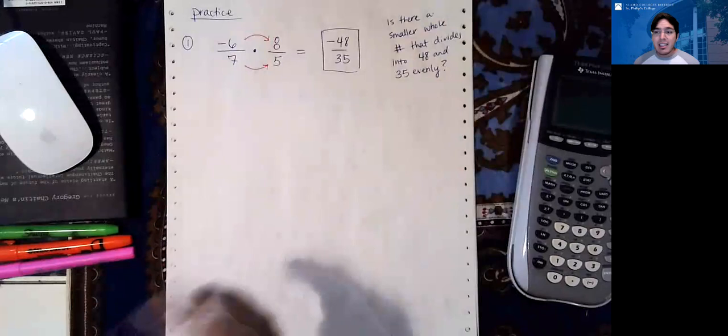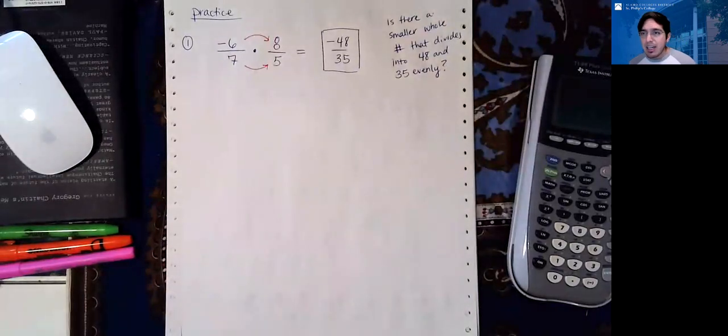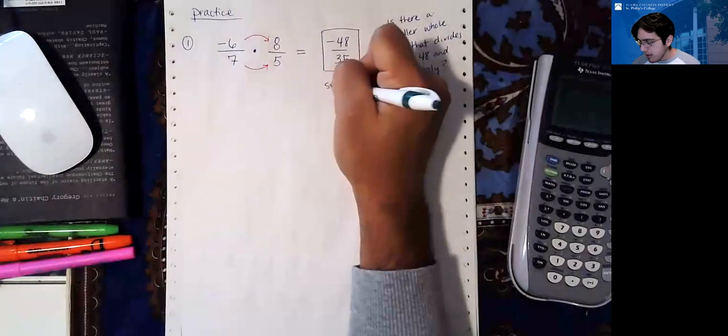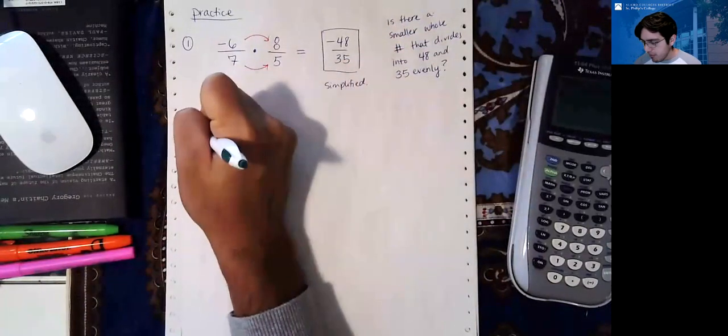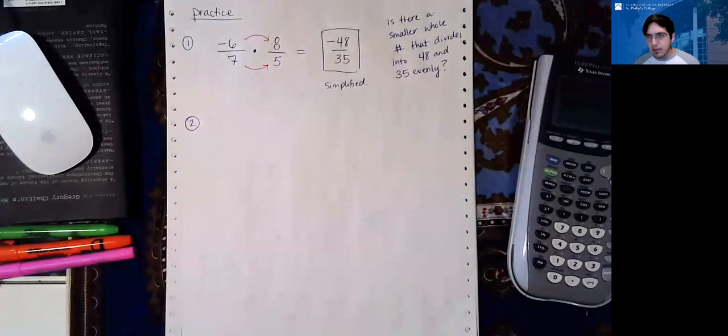And if there is, then we'll divide that out from the numerator and the denominator. But if there's not, then we're done. Okay, so this is fully simplified. Okay, does anybody have any additional questions or comments about that problem?